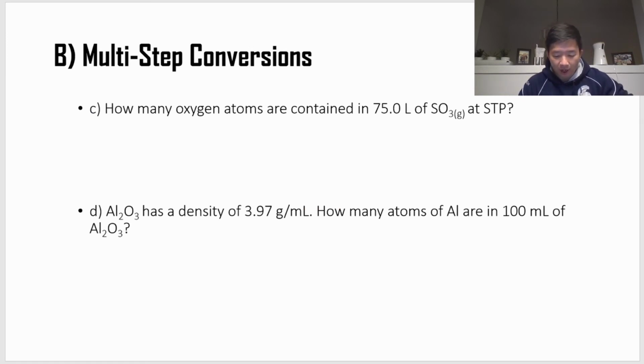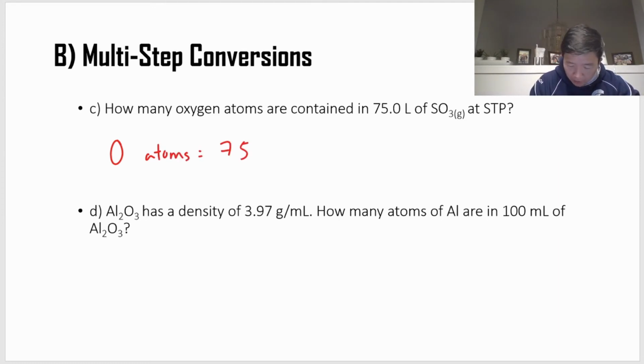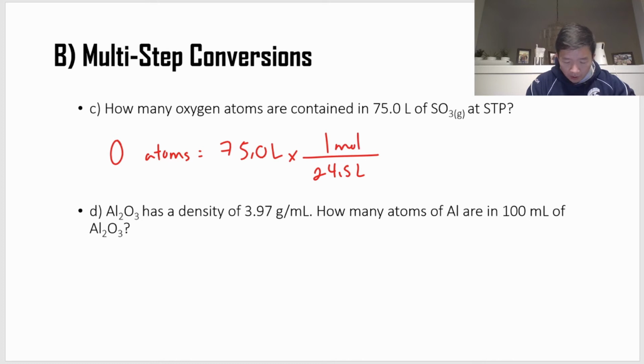So how many oxygen atoms are contained in 75 liters of SO3? Okay, so we want oxygen atoms, so O atoms. Starting value, 75.0 liters. We can't go from liters to atoms, but we can go from liters to moles and moles to atoms. Okay, so I have 24.5 liters per 1 mole. Okay, I am now at moles. Moles to atoms.